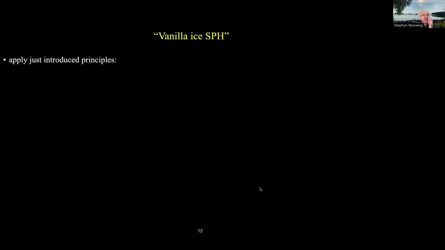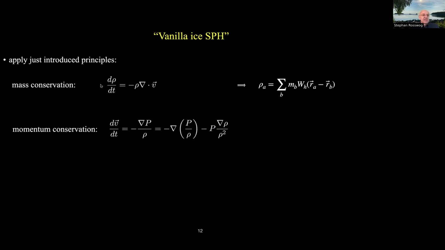Okay, so now we have the basic principles, and we can get a first version of SPH. Let's take the mass conservation. As I said, if you want to solve this, you can, but the more robust and simpler way is to just use this summation prescription, and then we have mass conservation built in. The next thing, in the simplest form, is our Euler equation or momentum equation.